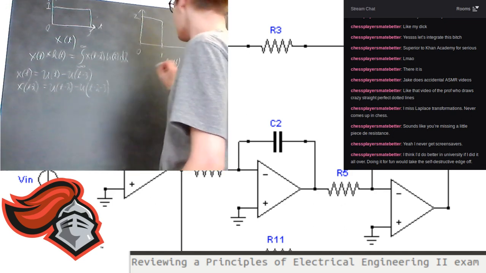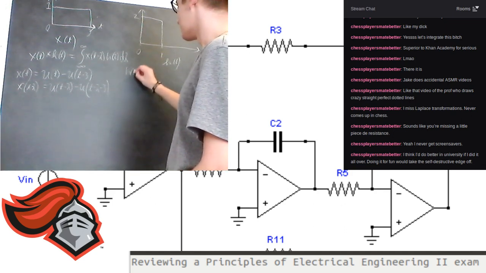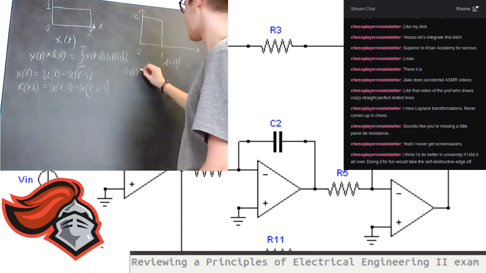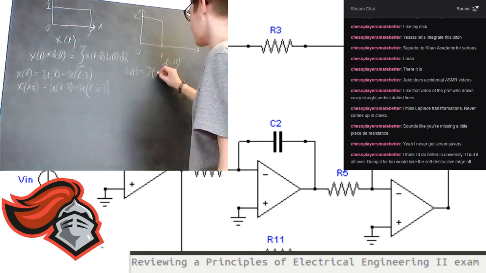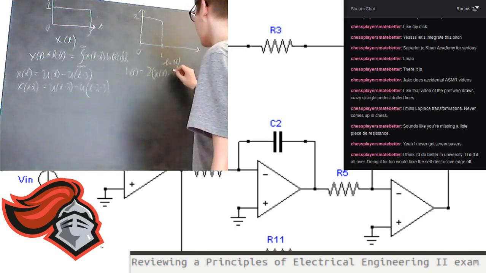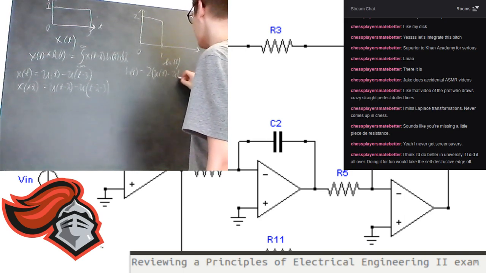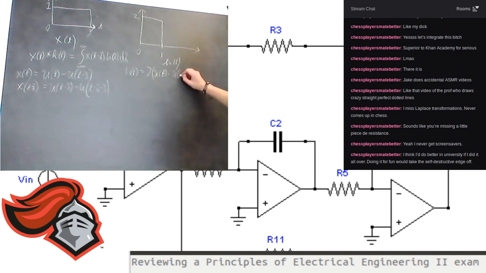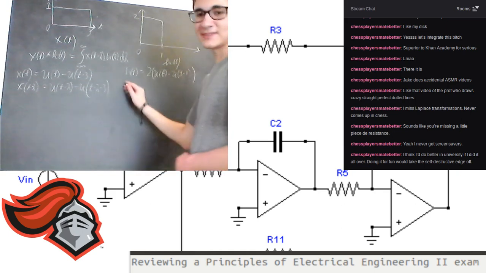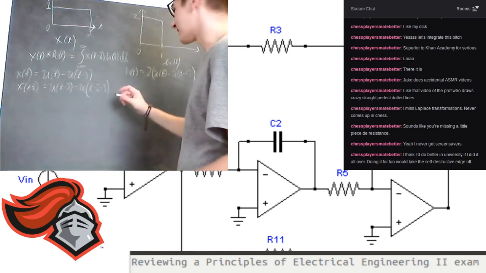So what is this h(t)? Well, this h(t) is just 2, because the peak is 2, and then it's u(t) minus u(t minus 1). So since t is just a dummy variable, we can replace it with this lambda.